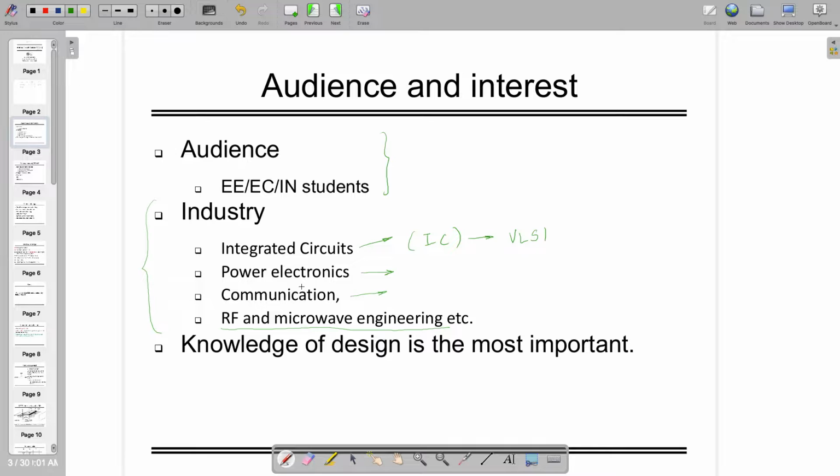In general we call this a design course. Generally design has 2 branches, one is called analog and one is called digital. So if you are doing design, it involves both.